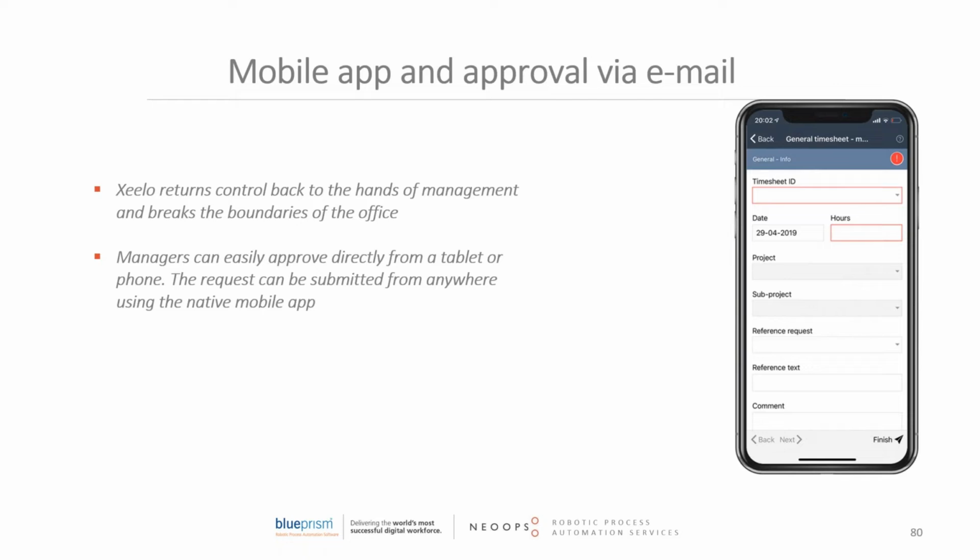It can be used for approvals or even for more complicated processes where you have to provide information like photos, GPS coordinates, or you can even read barcodes with it. Also, you can configure Xeelo to send email notifications when somebody finishes a task that needs to be approved. You do not actually have to go to the application for approval, and you can manage it directly from your mailbox. It's as simple as that.